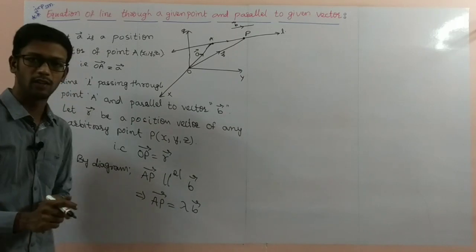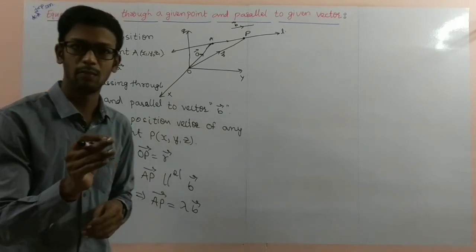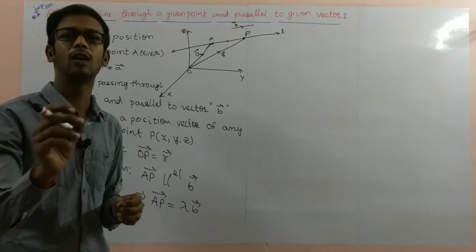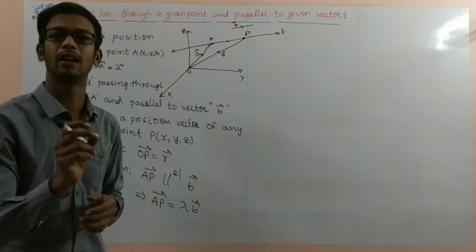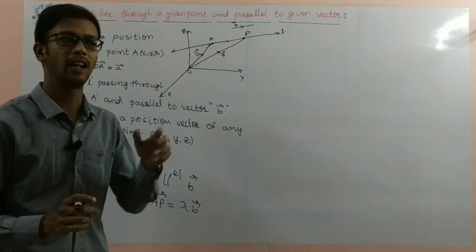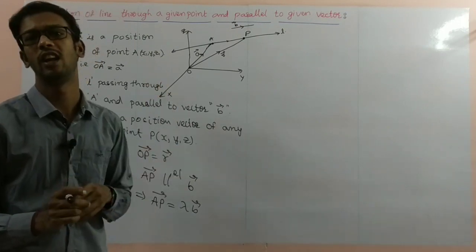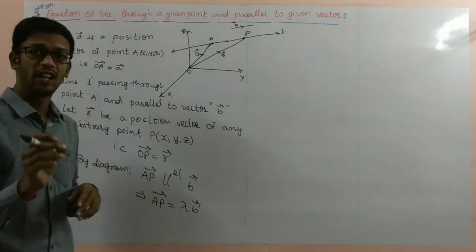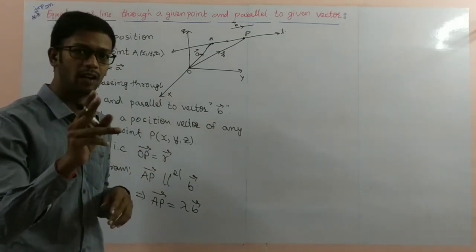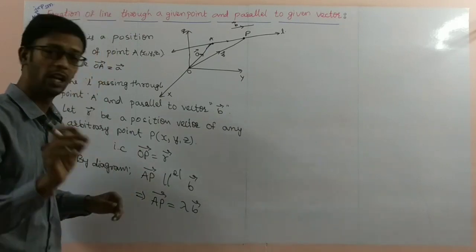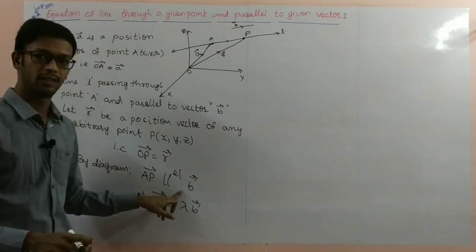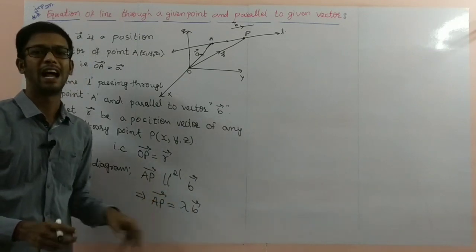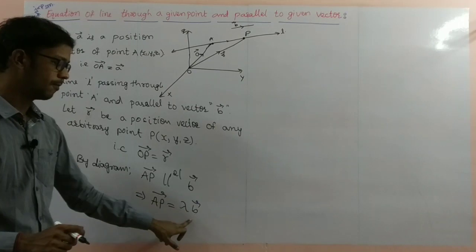Sir, how do you know this? If two vectors A bar and B bar are collinear vectors, then A bar equals lambda B bar. Collinear or parallel, they are the same only for vectors. So if two vectors are parallel, we can write AP bar equals lambda B bar.